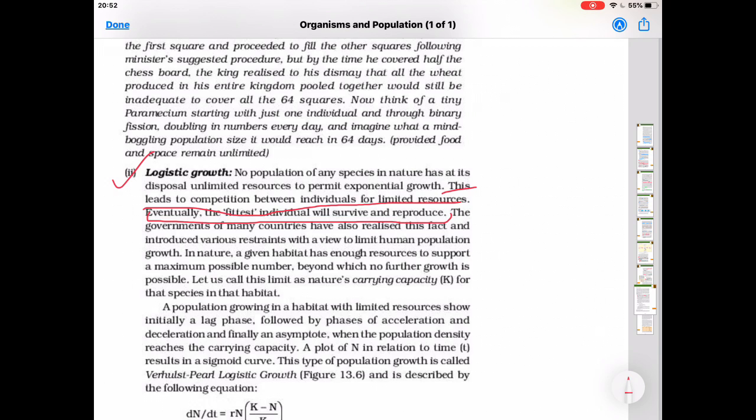The governments of many countries have also realized this fact and introduced various restraints with a view to limit human population growth. In nature, a given habitat has enough resources to support a maximum possible number beyond which no further growth is possible. Let us call this limit nature's carrying capacity for that species in that habitat.